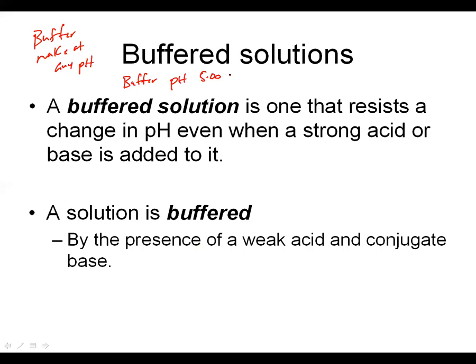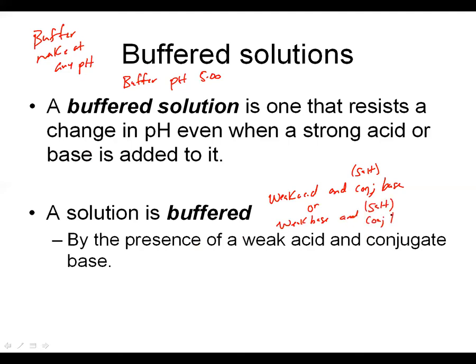And the reason a buffer is able to maintain its pH is because of what it's made up of. A buffer is made up of either a weak acid and its conjugate base, sometimes referred to as the salt of its conjugate base, or a weak base and the salt of its conjugate acid.